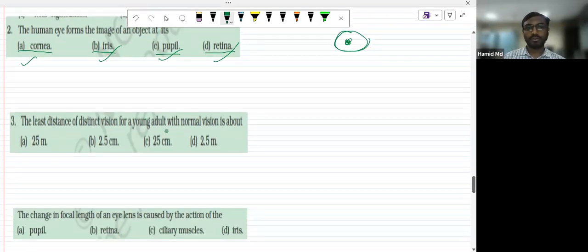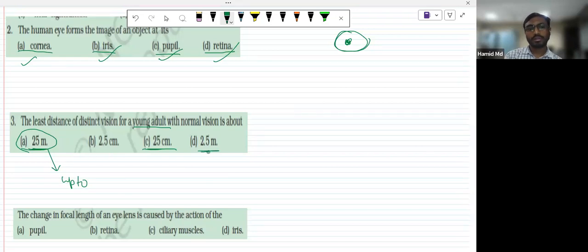The least distance of distinct vision for a young adult: what is it? 25 centimeters. Someone was saying 25 meters, right? If one can see an object only at this distance, what will be the eye defect? Hypermetropia, where we can see the object at far distance but can't see the nearest.